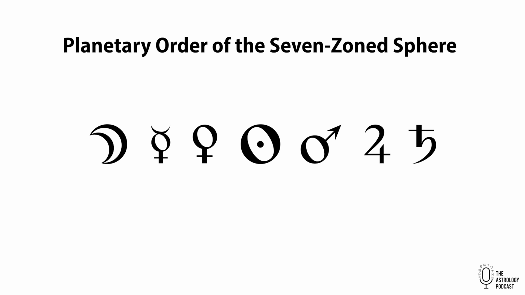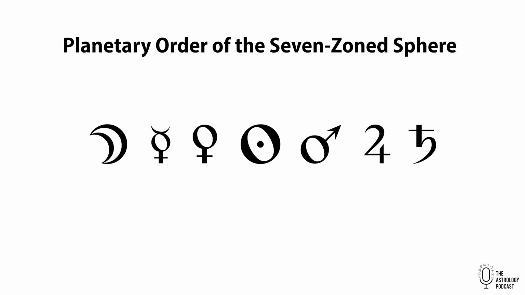It starts with the Moon, which is the planet in ancient times that they knew was closest to the Earth. Then the next planet in order is Mercury, moving away from the Earth, then Venus, then the Sun is assigned to the middle of the scheme, right in the heart of this planetary order.